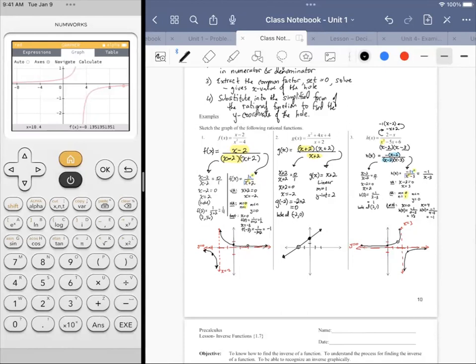Because we went from polynomial functions with things like multiplicity to rational functions talking about asymptotes, and now we're going to do inverse functions, which really don't bother with either of those concepts. So it's jumping right to a new topic.